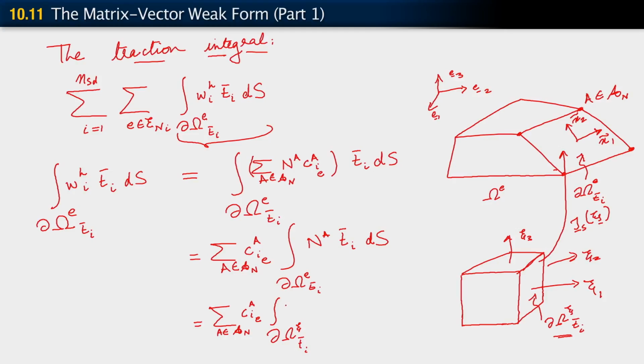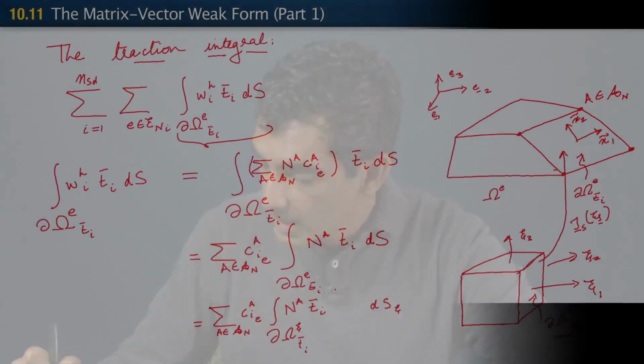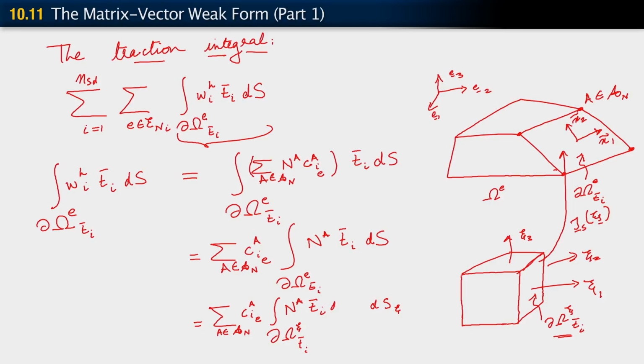So then we have here our N A, T bar I, and now we're going to do the integral over ds sub c, which is the elemental area on the partial omega C T bar I face in the bi-unit domain. And I've left some blank space here because I know that I need to put in here the determinant of J S, because J S maps a surface to a surface.